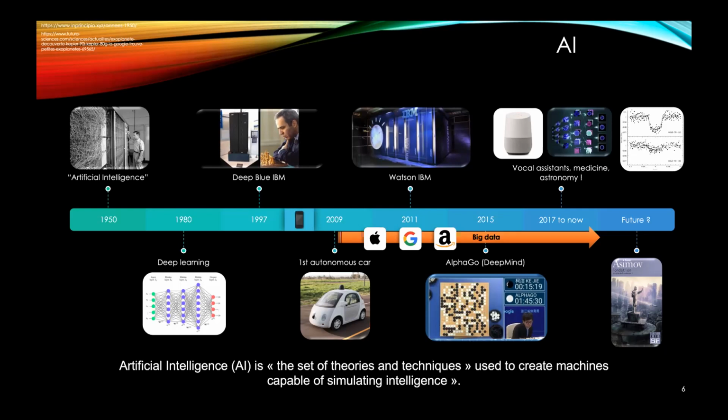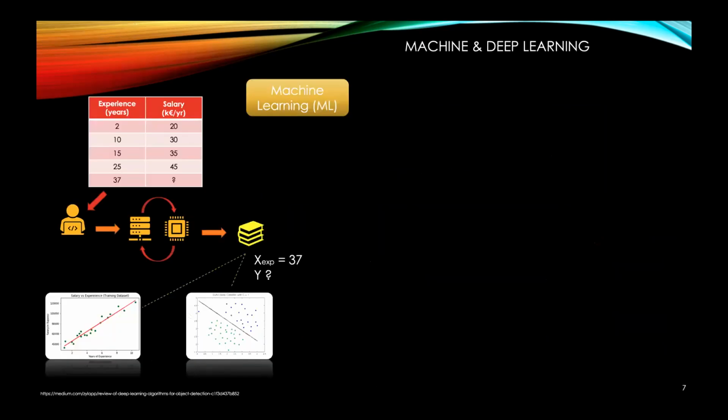And when you try to learn more about AI, you first find some information about machine learning. Machine learning, we can just say quickly, is when you give some information to an algorithm, and it will try to make a regression, a linear regression.